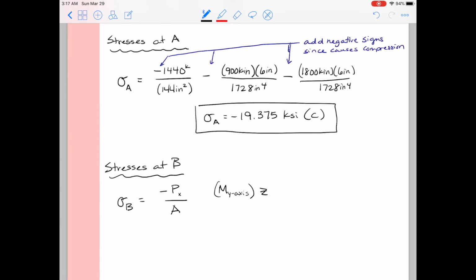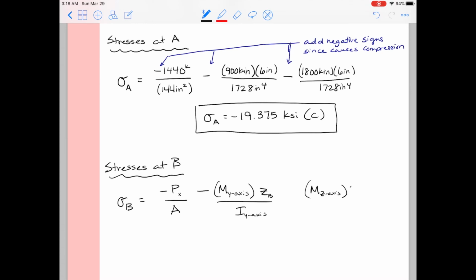Next, we have the moment about the y-axis, which was caused by the 5 kip loading, times the distance to B divided by the moment of inertia about the y-axis. We said that the 5 kip load caused compression at B, so I've assigned a negative sign.